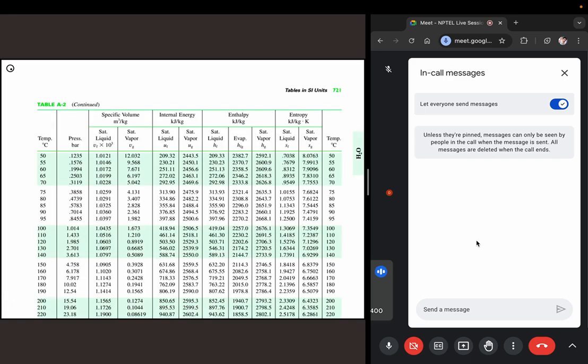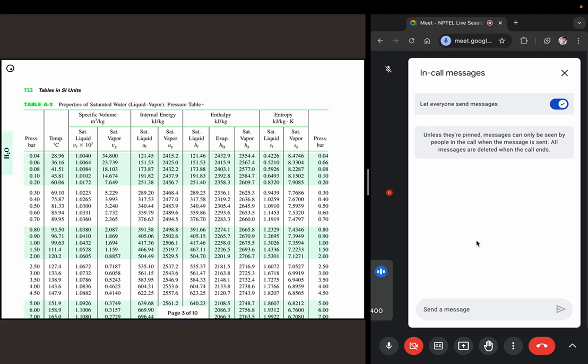As we discussed before, we have two different kinds of tables here. One is tabulated along temperature, but in this case I want to look up a pressure, so I look up a different table. This is a pressure table, in bar. Just make sure of the units. We need to look up a value for 7 bar pressure.